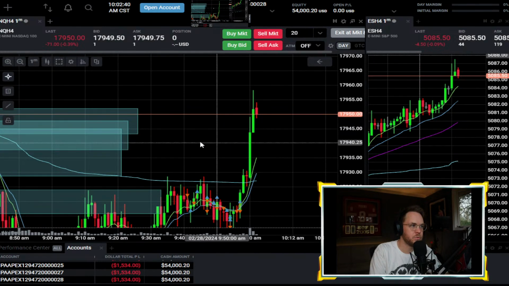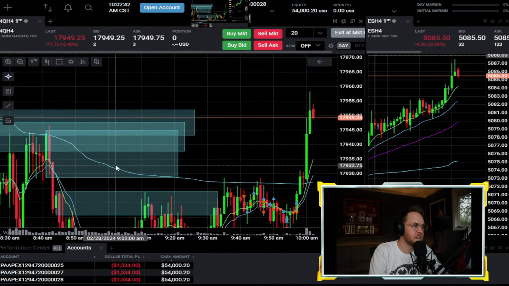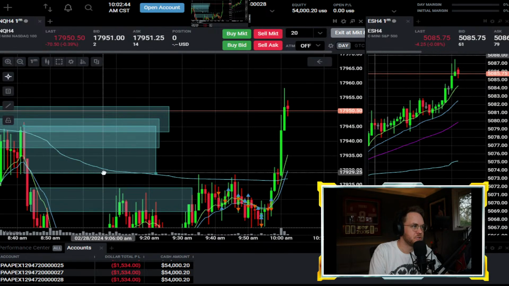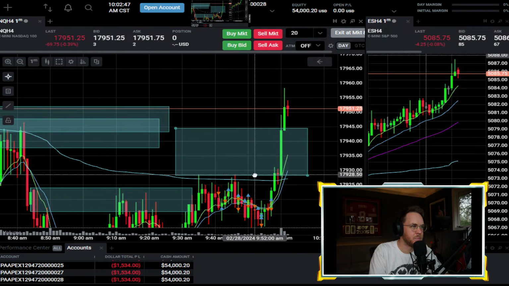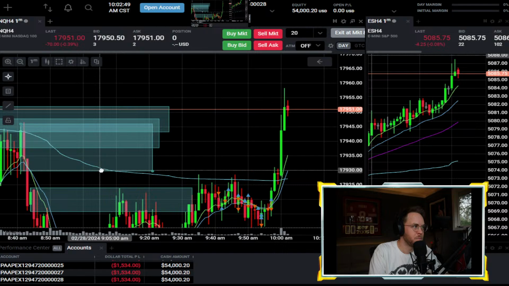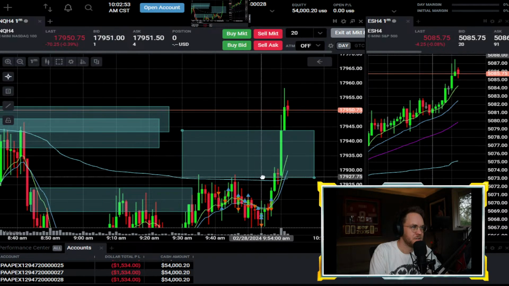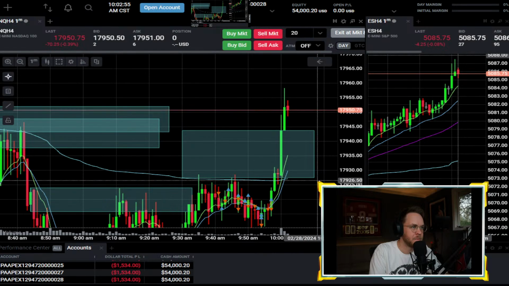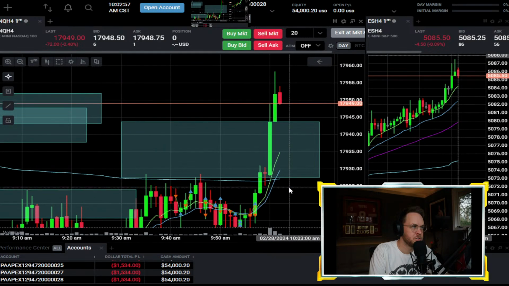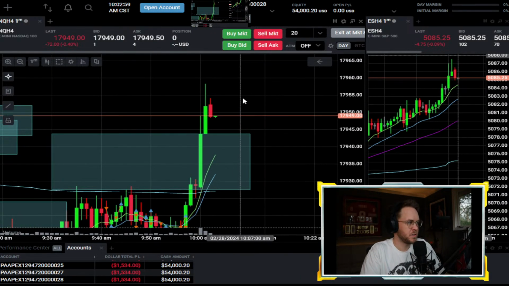Here we go. If you trade ICT concepts, this is kind of interesting. We have a fair value gap in pretty much this exact same range that this order block was in. So we have a fair value gap here that we would look to retrace if you're an ICT trader.